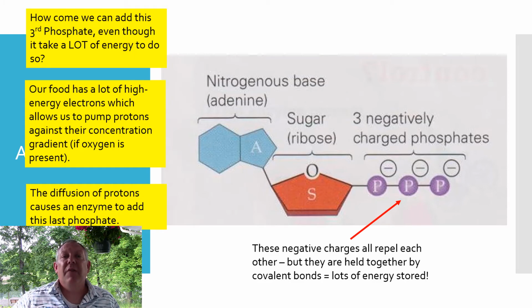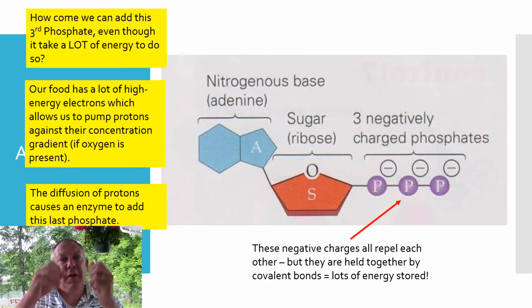Our food has a lot of high energy electrons. And those high energy electrons are stripped from the food in the Krebs cycle, and then they're given to the electron transport chain. The electron transport chain passes those electrons from one enzyme to another if oxygen's present, and then oxygen runs off with the electrons.